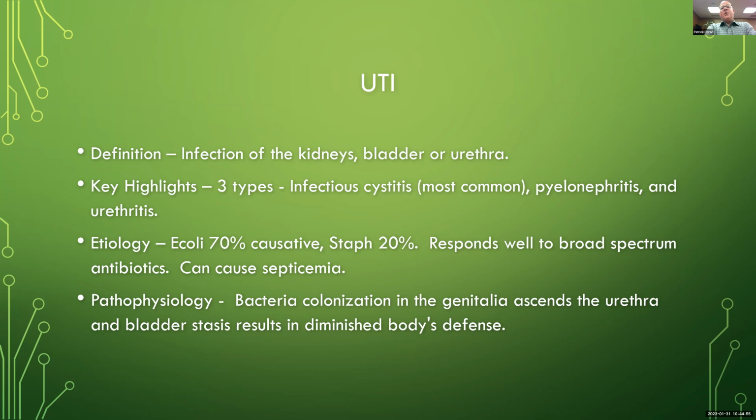if the urethra is infected solely, you get that urethritis, and that is the burning when you pee and stuff like that. So that gets inflamed. So typically infectious cystitis, which is the bladder, is the most common, and then urethritis is second, because it just all is connected there.